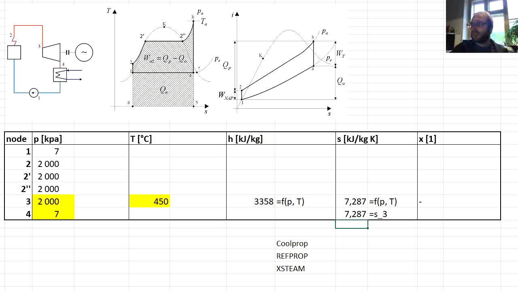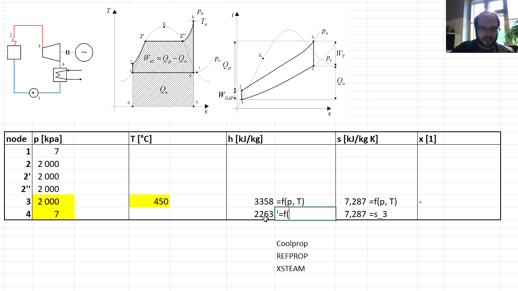And the enthalpy that we obtain for that, from the diagram, is 2263 kilojoules per kilogram. How we would obtain it by using computer programs.